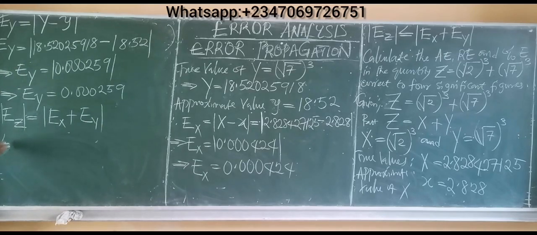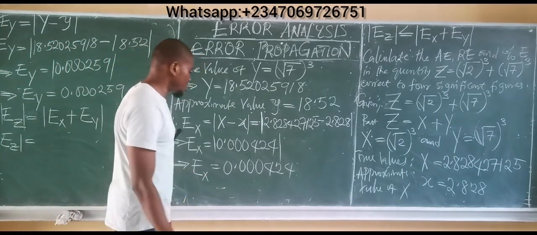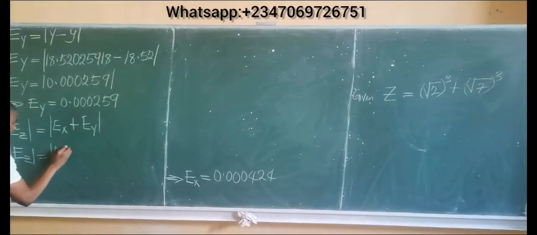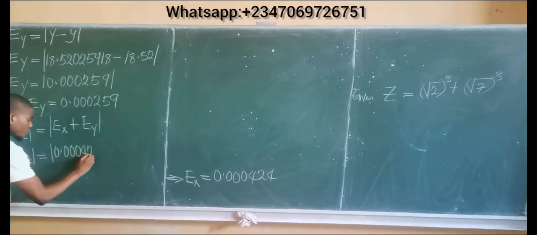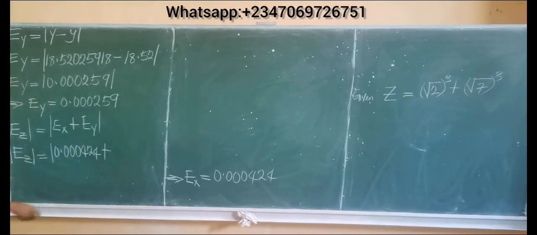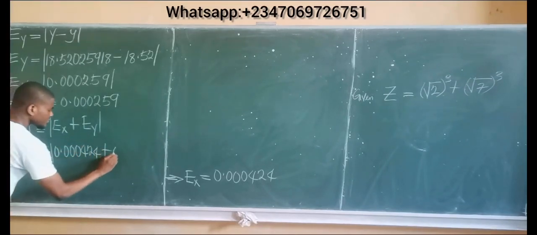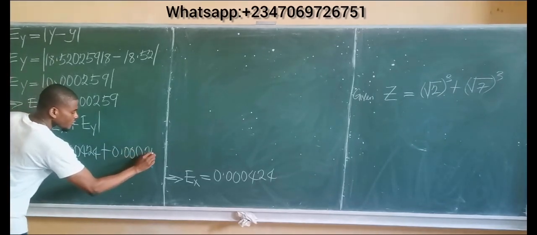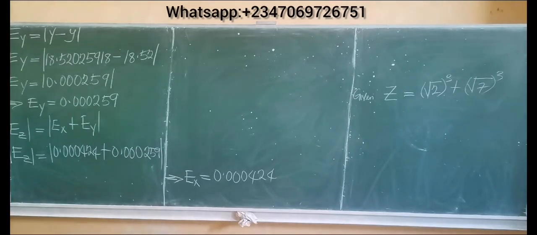So the error in z is going to be equal to error in x, which we obtained as 0.000424, plus error in y, which we obtained over here as 0.000259. So the modulus of the error in z is going to now be equal to, let's find this addition.